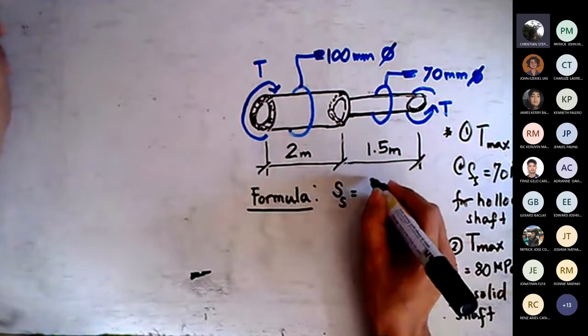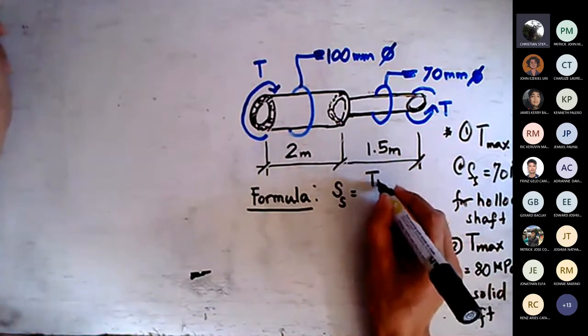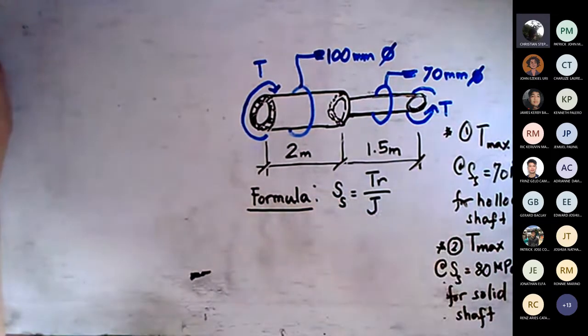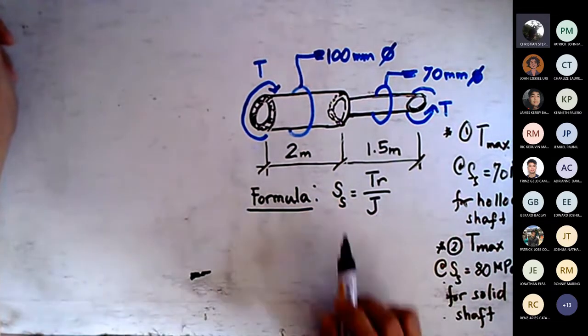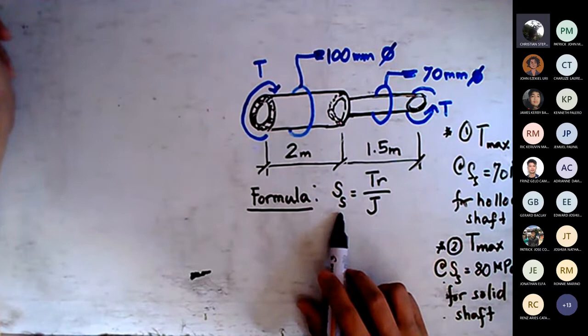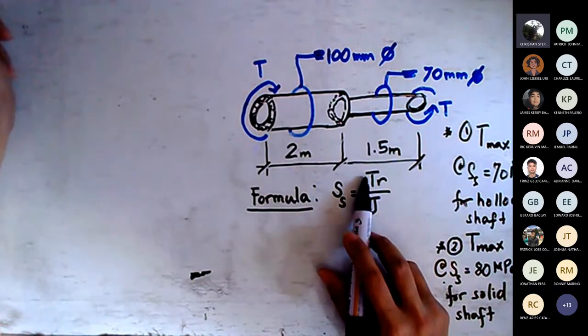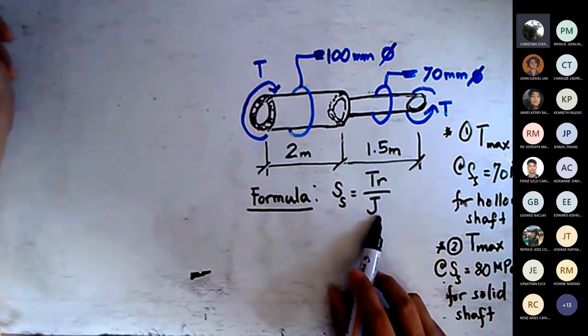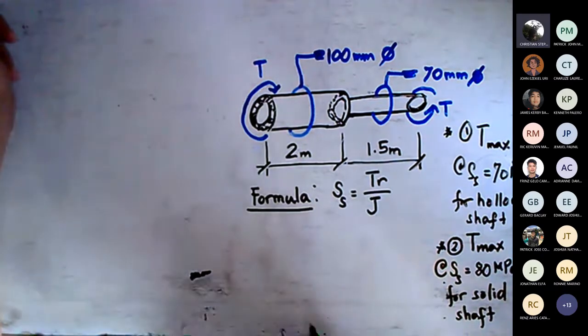Okay, ang shearing stress na formula natin, TR over J. S sub S is the shearing stress, T is the torque, R is the radius, and J is the polar moment of inertia.